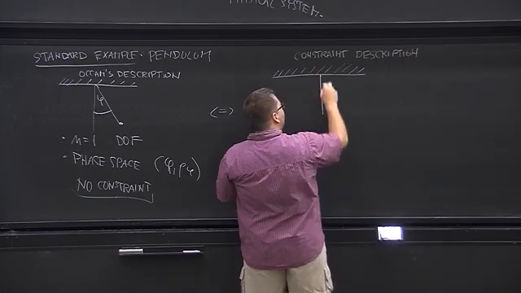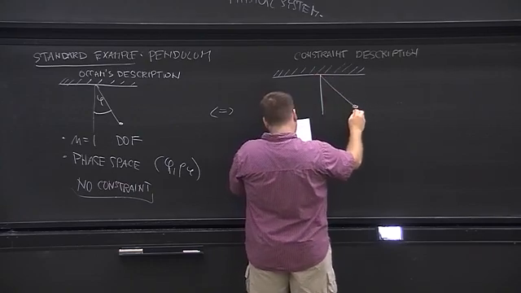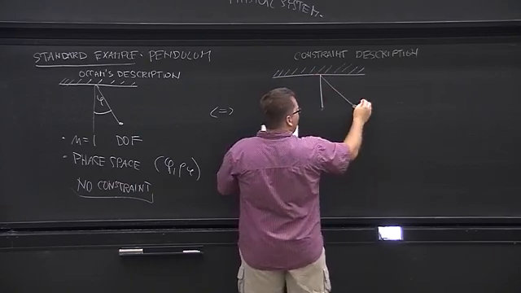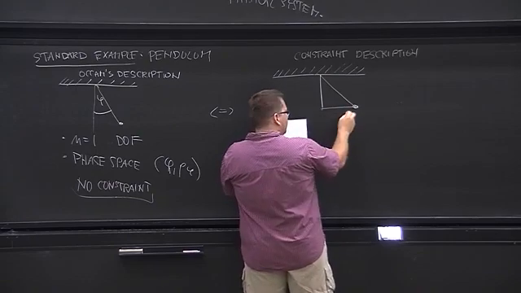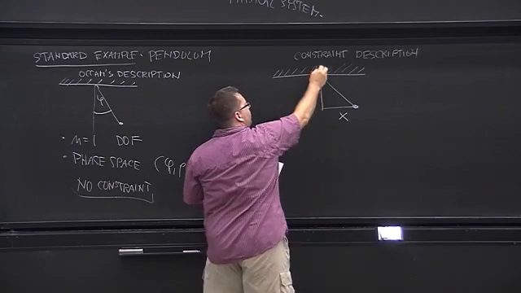So really, I now use my coordinates x and y. I think this is x, this is the coordinate y. I have 0, 0 here.